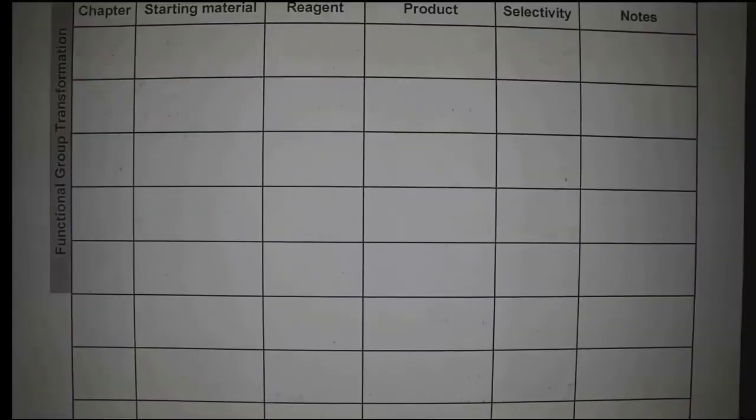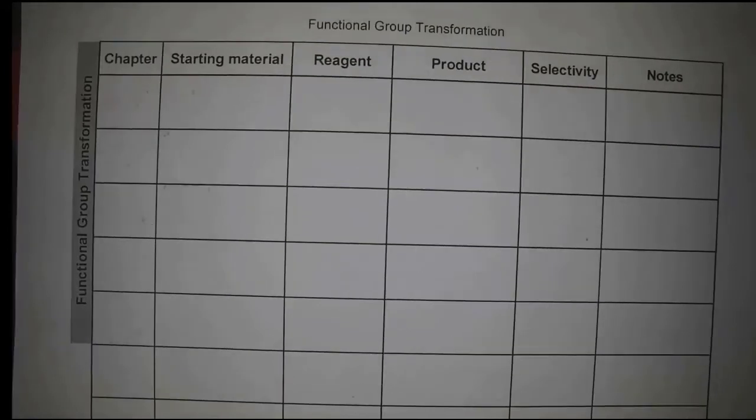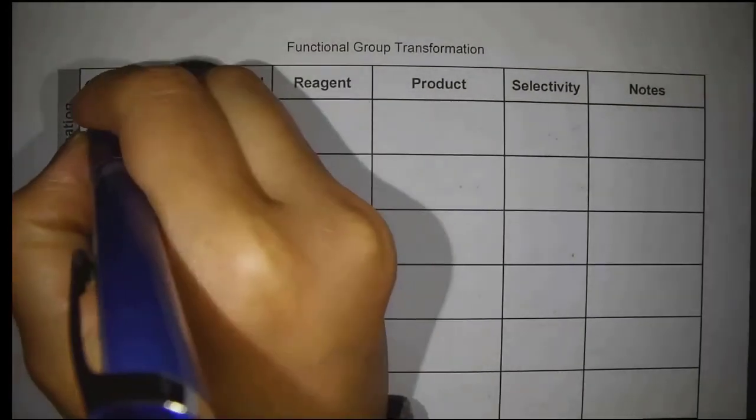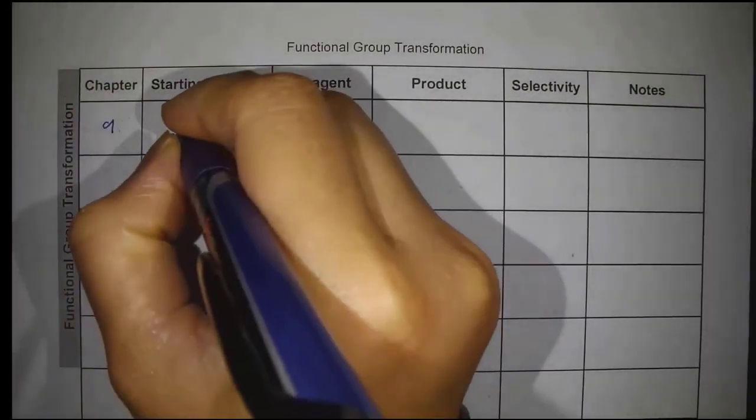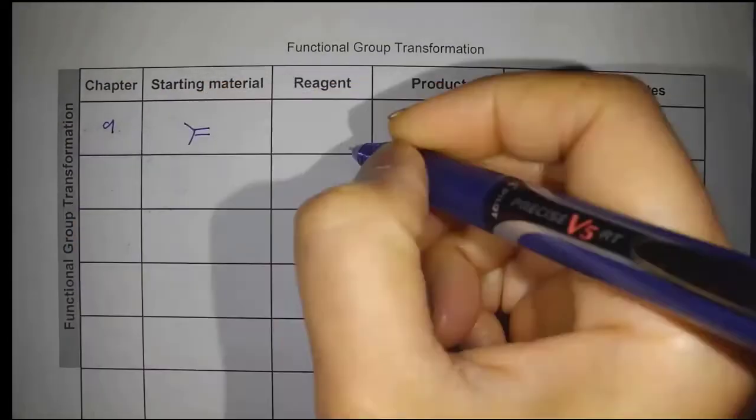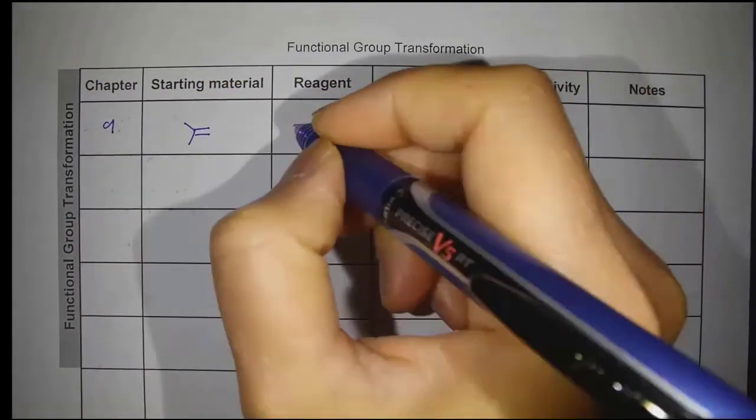And we're going to add reactions from chapter 9, part C. And we're going to start with our generic alkene. This is on page 6 of the functional group transformation. So it's kind of that same alkene that we've been using.